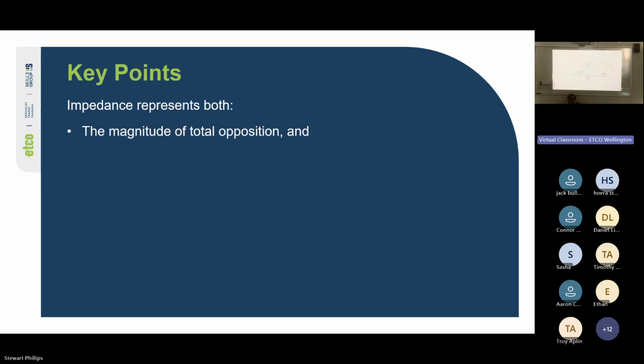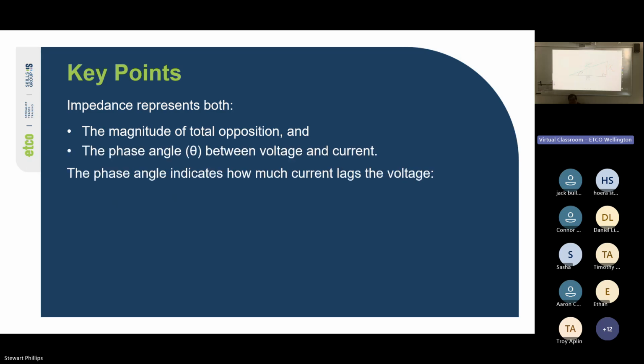Impedance represents both the magnitude of the total opposition and the phase angle between the voltage and current. The phase angle indicates how much the current lags the voltage. If we look on the graph plotted in the time diagram, it's how far it lags behind. So small angle, mostly resistive.